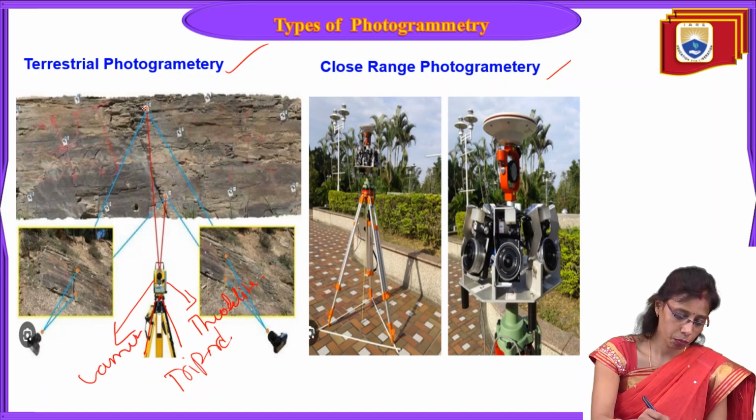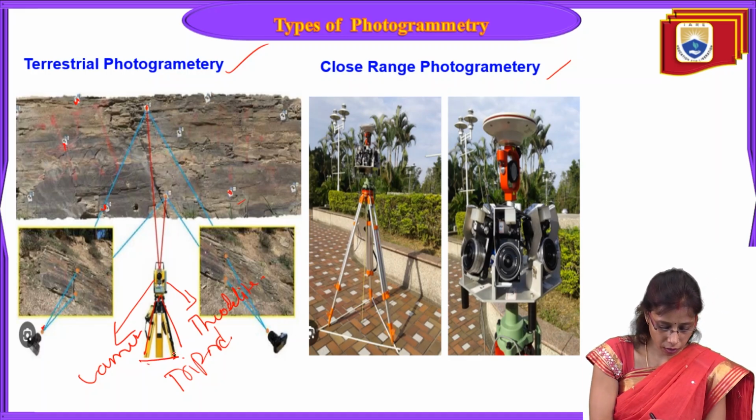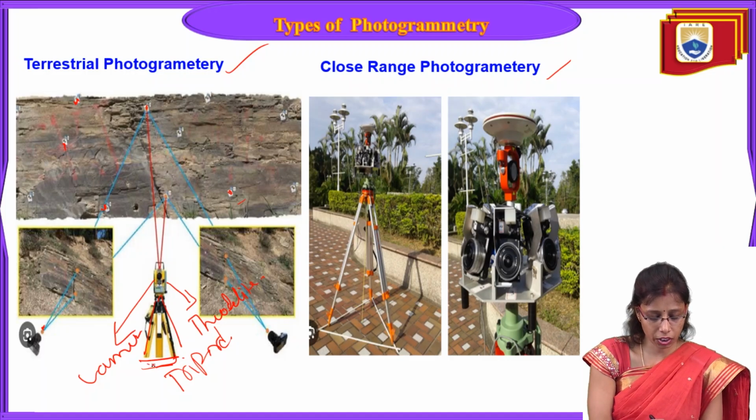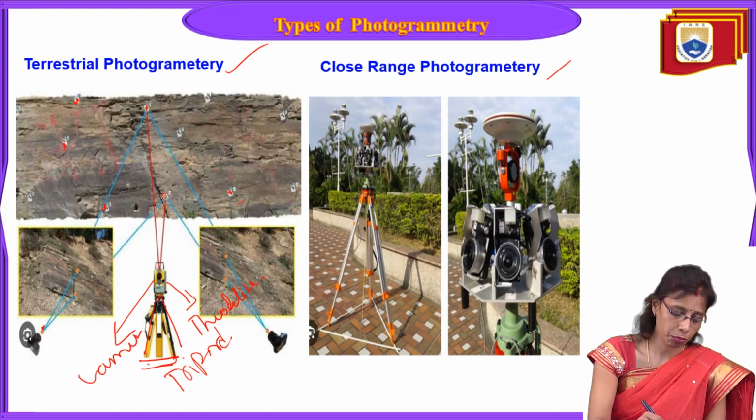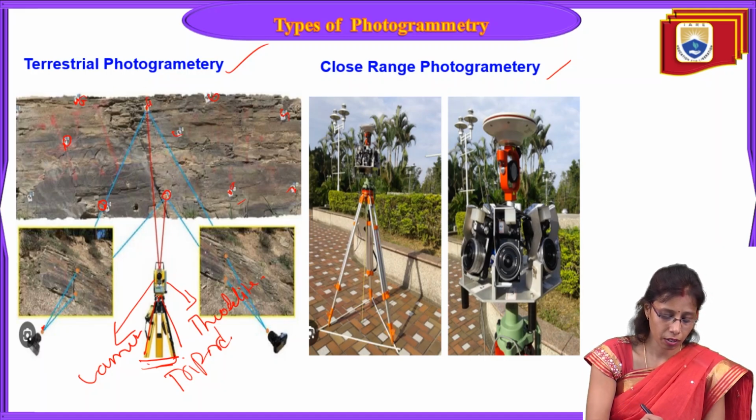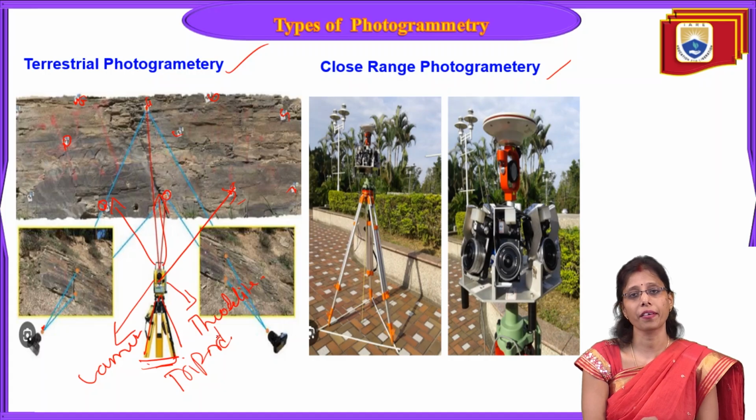And there are some points over here which are to be captured. From this position itself, it is going to capture this point, this point, this point, all the points from a fixed location, right? This is called terrestrial photogrammetry.